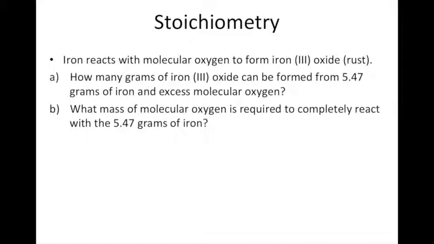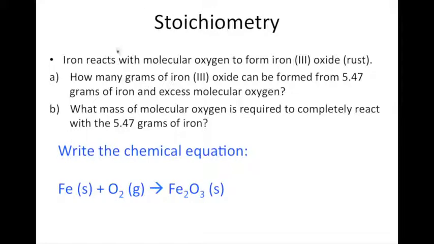So let's go through this problem step by step and see how we would solve it. The first thing we would need is, of course, a balanced chemical equation. So the chemical equation: iron, Fe, solid, reacts with molecular oxygen. Molecular oxygen is O2 gas, and that forms iron 3 oxide, Fe2O3, which is a solid.